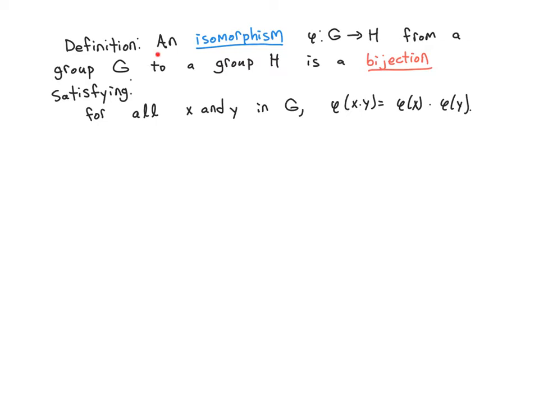Here is the fundamental definition. An isomorphism, phi from G to H, so from a group G to a group H, is a bijection satisfying this extra condition.